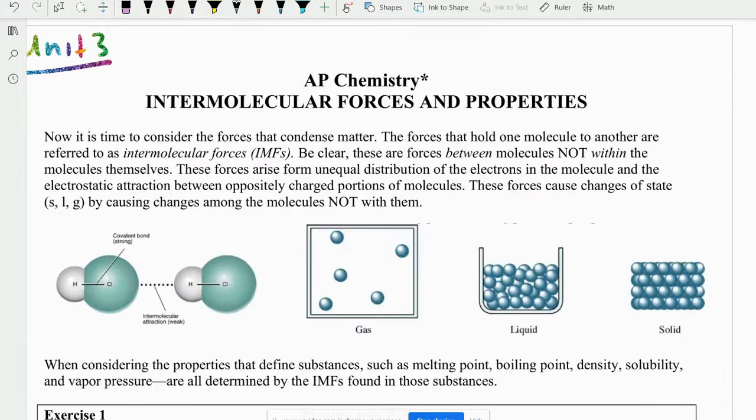If we take a look at the image at the top of the page, we see the gas phase, the liquid phase, and the solid phase. Let's start with the gas phase. Gas molecules are in constant motion, and in fact, all states of matter have some degree of motion, rotation or vibration. But gases are the least condensed of all the matter.